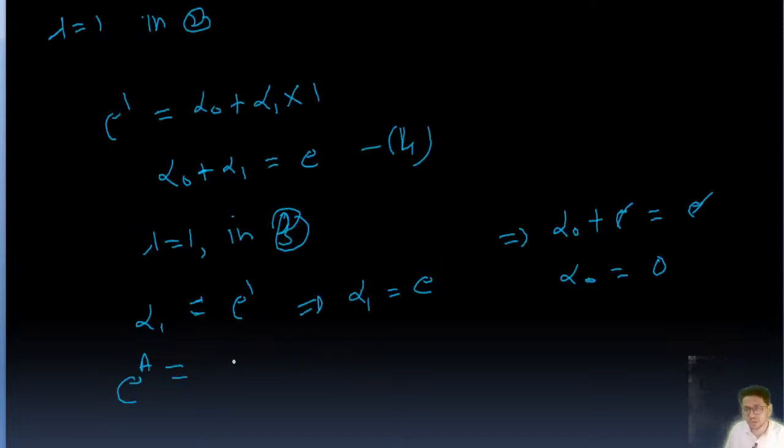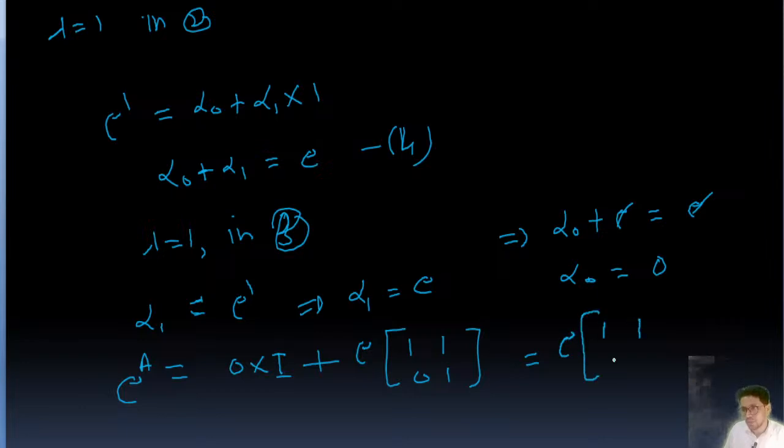Alpha naught is 0, that is 0 into I, plus alpha 1 is e, and A is [[1, 1], [0, 1]], right? So this is going to be e [[1, 1], [0, 1]]. Okay, this is the answer, guys, right?